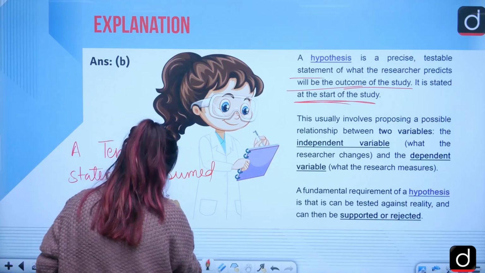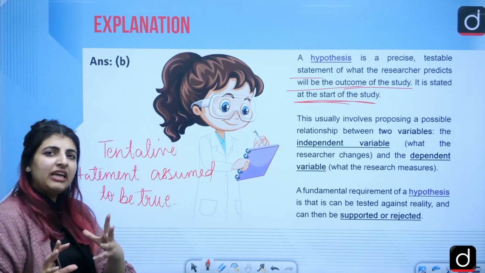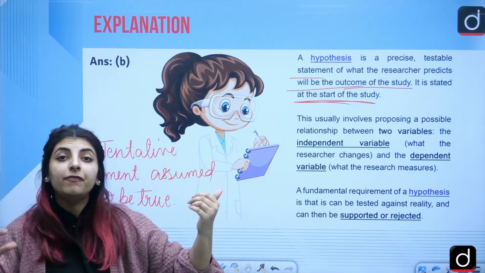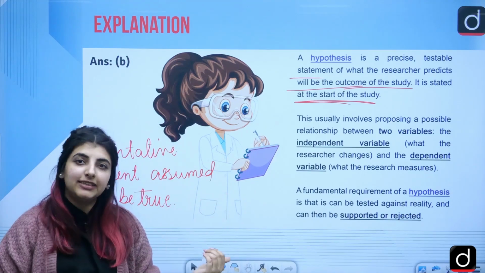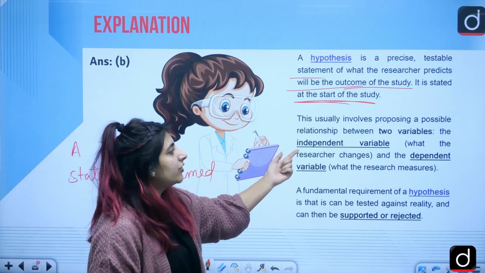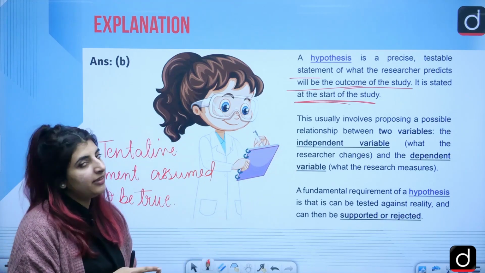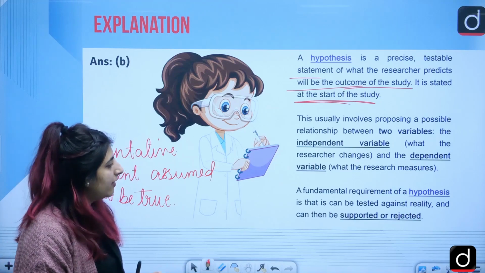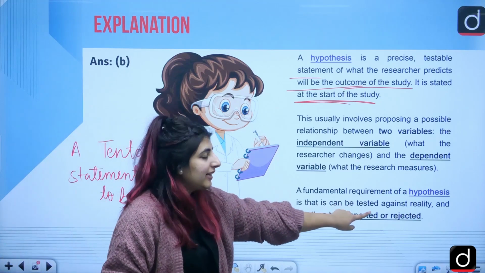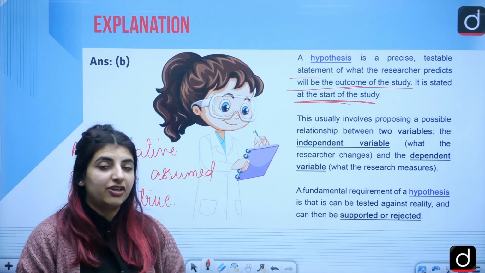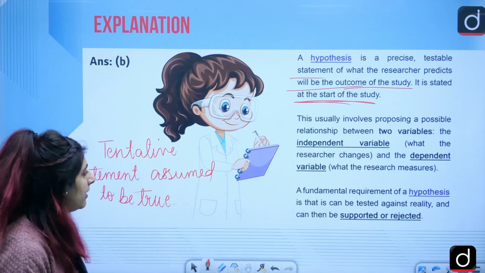The researcher assumes this statement to be true and then he or she formulates a null hypothesis, which is the opposite of the alternative or the substantive or the research hypothesis. This usually involves proposing a possible relationship between two variables. One is independent, the other is dependent variable, right? So it should be tested against reality and can then be supported or rejected. So support and rejection can only come with null and alternative hypothesis.